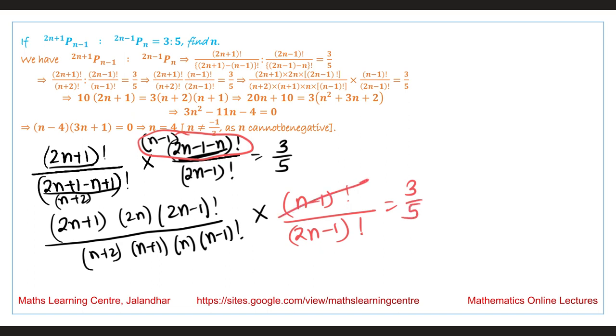The (n-1) factorial and (2n-1) factorial get cancelled, and this n and this n get cancelled.